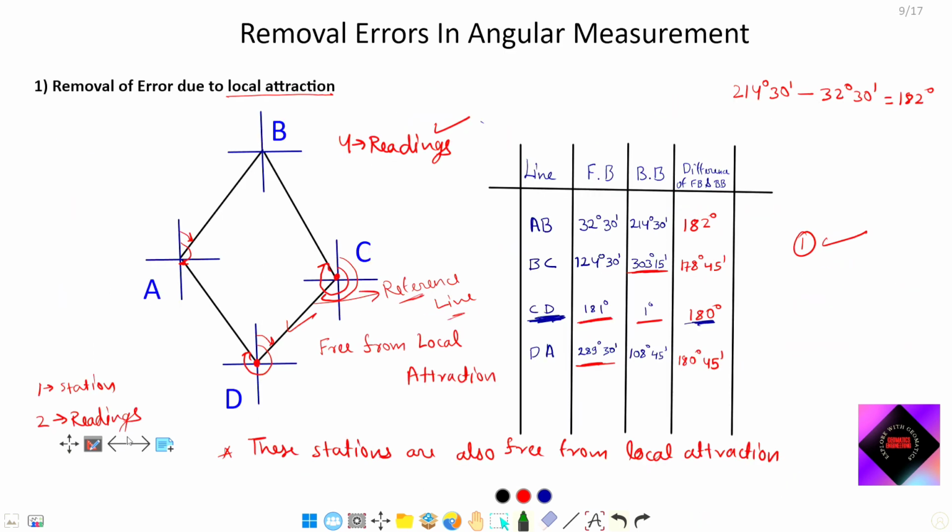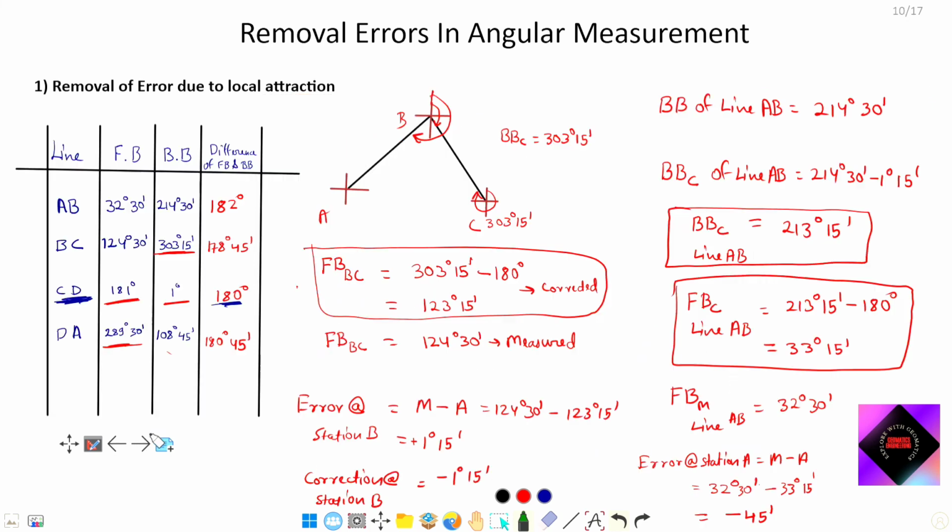I am again recalling it. From the readings we have taken out the differences. The difference which is exactly equal to 180 degrees is taken as the reference line, and the stations are taken as the reference stations. And we have considered that all the readings from these two stations are free from local attraction. So with the help of these readings, we have marked the corrected readings.